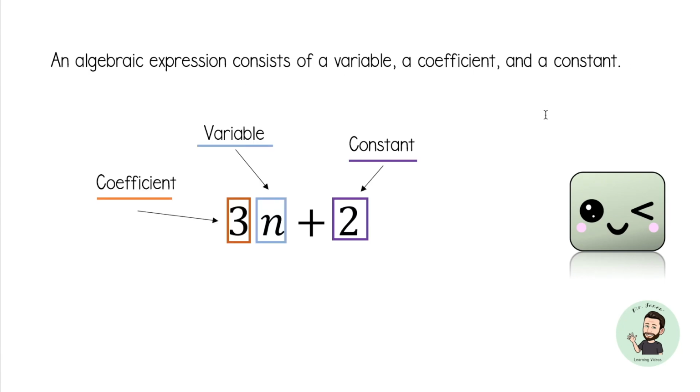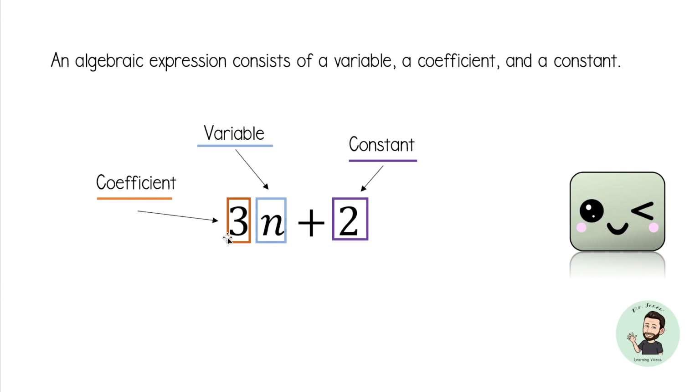An algebraic expression consists of a variable, a coefficient, and a constant. The variable is the unknown number that's represented by a letter. In patterning, it's usually n, but often in algebra, we see it represented as x or y, or it could be represented as a or b or c. It could really be any letter.